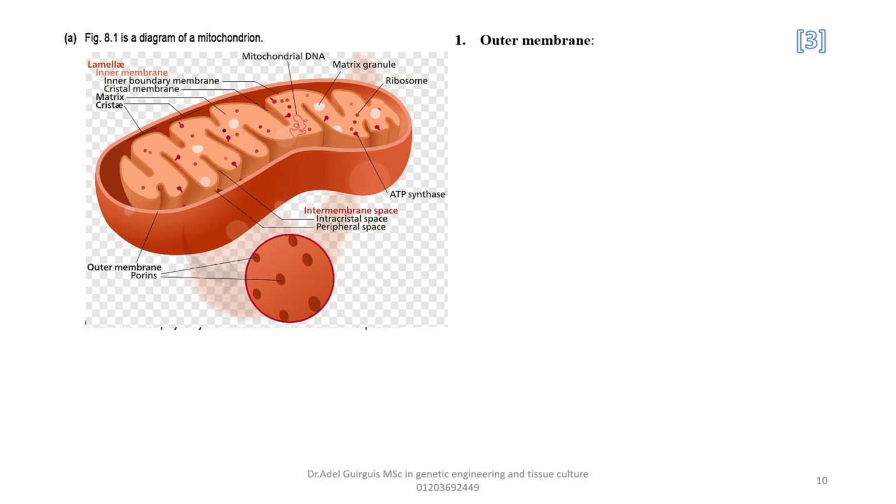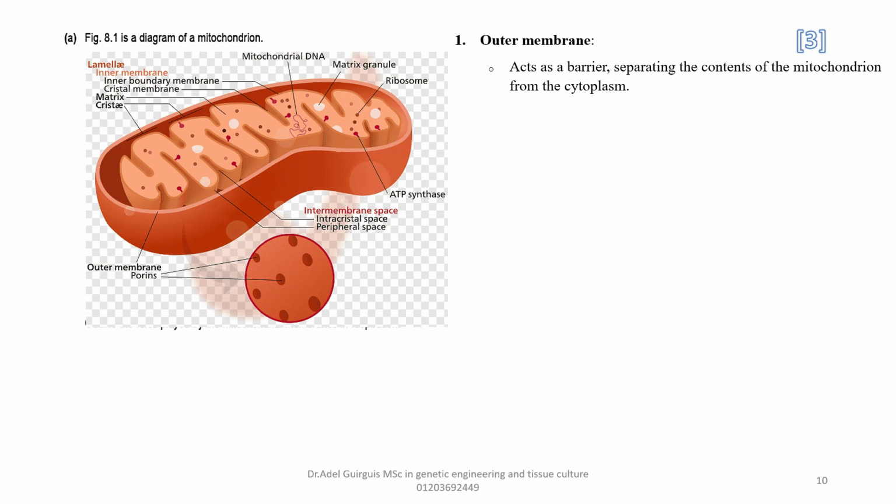What else? Inner membrane, outer membrane firstly. The outer membrane acts as a barrier, separating the contents of the mitochondrion from the cytoplasm. Barrier, okay, a type of compartmentalization. Membranes in general in biology provide compartmentalization for each organelle to be separate from other organelles or reactions that take place in the cytoplasm, for example.